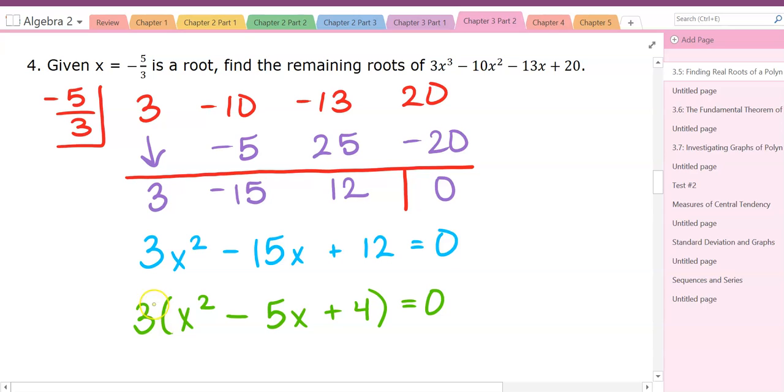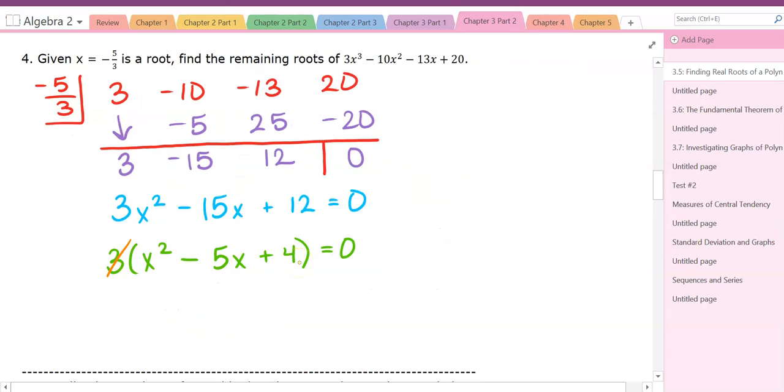So this is really similar to that very first problem that we did. The 3 up front doesn't really matter anymore. So I'm going to try to factor this x squared minus 5x plus 4. I need 2 numbers that multiply to 4 and add to -5. Good.